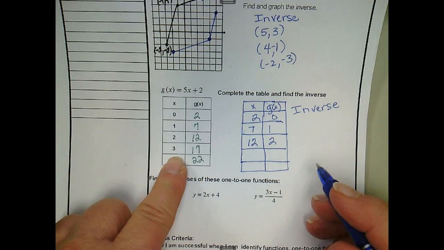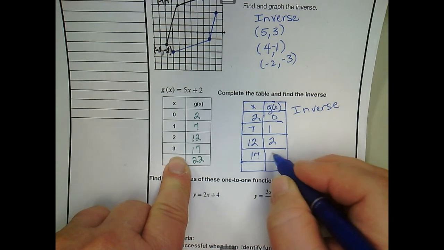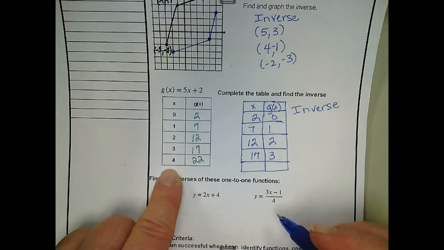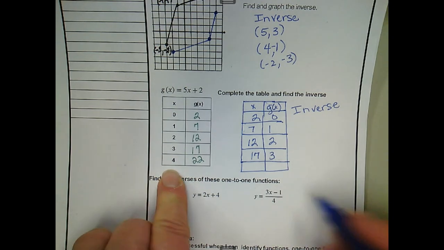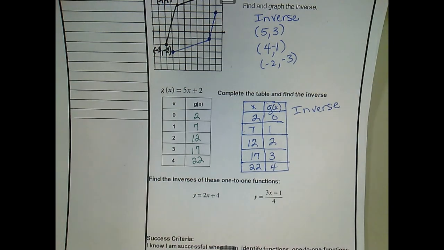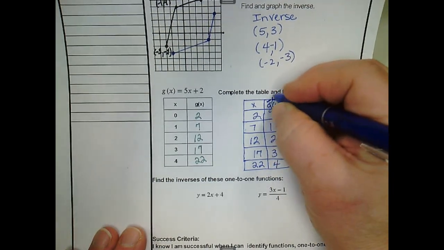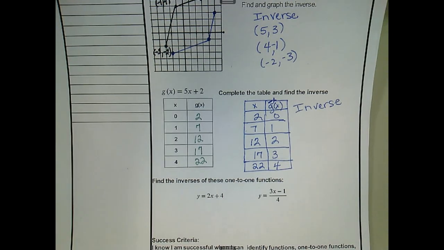Can you do 3? 3, 17. 17, 3. 4, 22. 22, 4. Remember, this is g to the negative 1 power. That gives you your g prime.